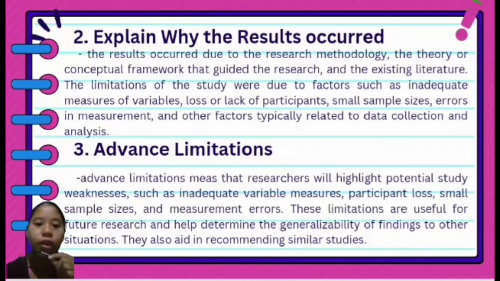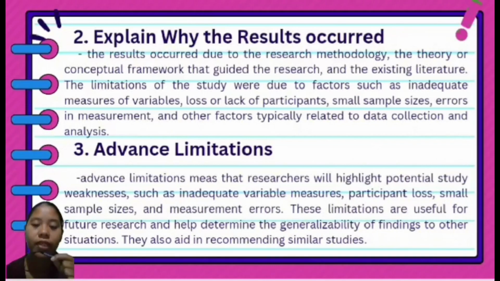And the third one is advance limitations. Researchers highlight potential study weaknesses such as inadequate variable measures, participant loss, sample sizes, and measurement errors. These limitations are useful for future research and help determine the generalizability of findings to other situations. They also aid in recommending similar studies.